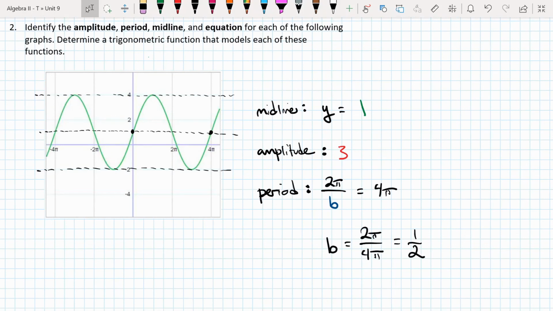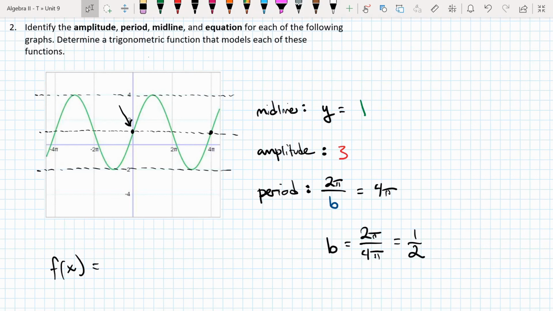Okay, so notice we're starting at the intersection of the midline and the y-axis. So we're going to be using a sine function, and it goes up, so it's a positive sine. And it also appears to be no horizontal shift, which is nice because there's going to be no h value.